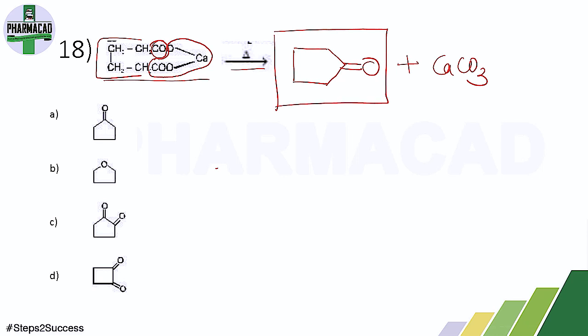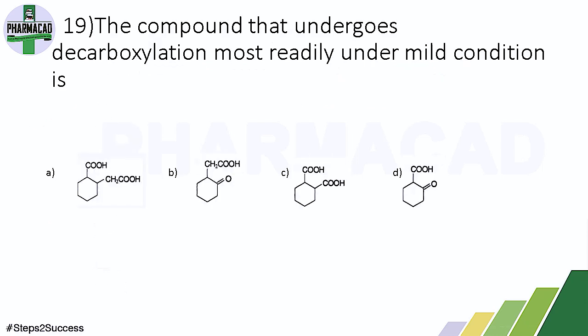Next question. The compound that undergoes decarboxylation most readily under mild condition is. Beta keto acids readily undergo thermal decarboxylation. So we will find the beta keto acid. In the first, this is the acid, this is the alpha carbon, this one is beta, and on beta there is no keto.